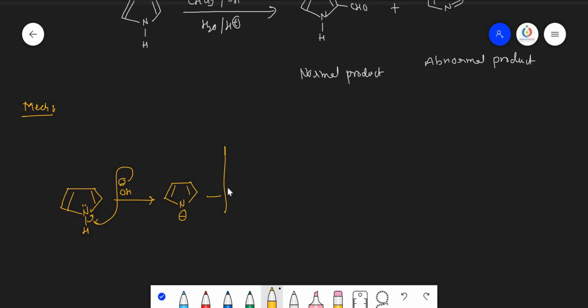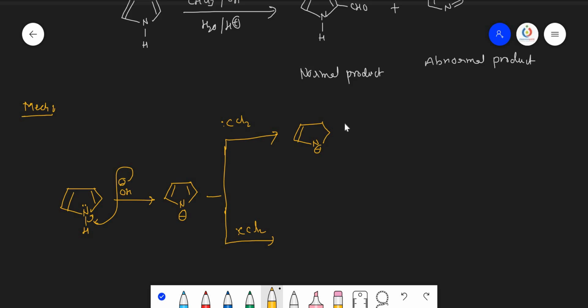Okay, to this the CCl2 has to attack. CCl2, if it attacks here, it will attack in two ways. I'll write the CCl2 will be attached to this double bonded carbon in both the positions.